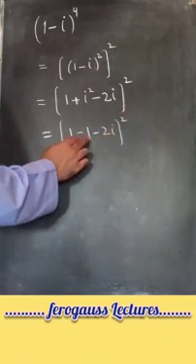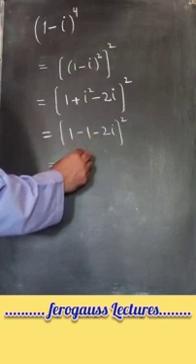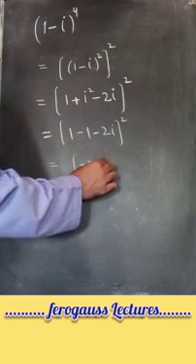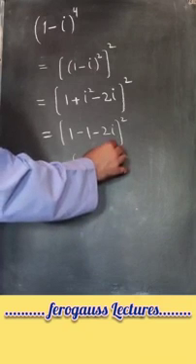Now 1 minus 1 cancels, so you get minus 2 iota whole raised to power 2.